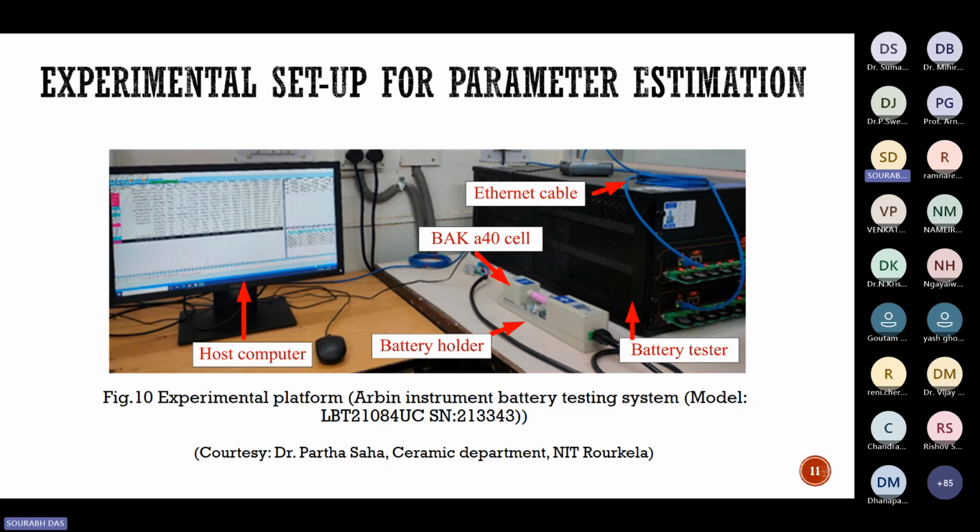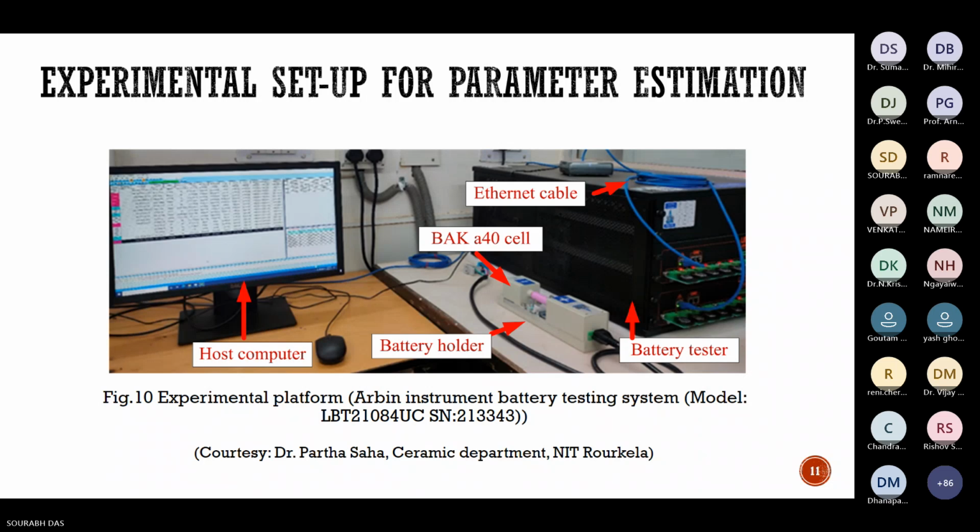In this experiment, the cell has been tested at 0.52 ampere for constant charging, and minus 0.52 ampere during the discharging.